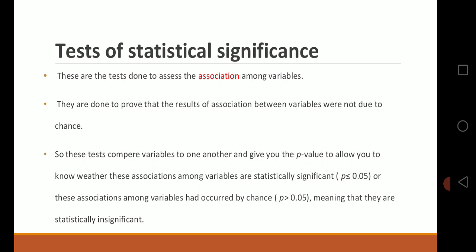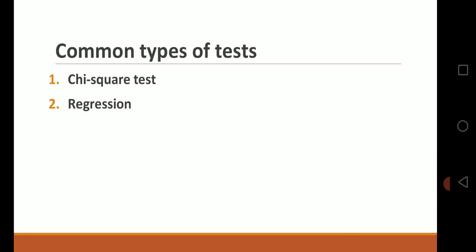Okay, these tests of association, causation and difference are more than 10 tests, but the most common types used in the scientific studies in our field are the Chi-Square Test and the regression test.